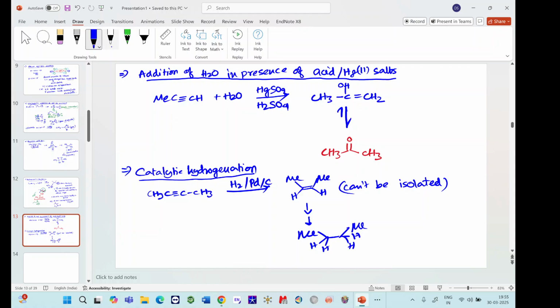So to stop this reaction at the alkene level, you have to control the hydrogenation. Okay, so you can reduce the reactivity of your catalyst. How is this done? There is a specific catalyst that is called Lindlar's catalyst.